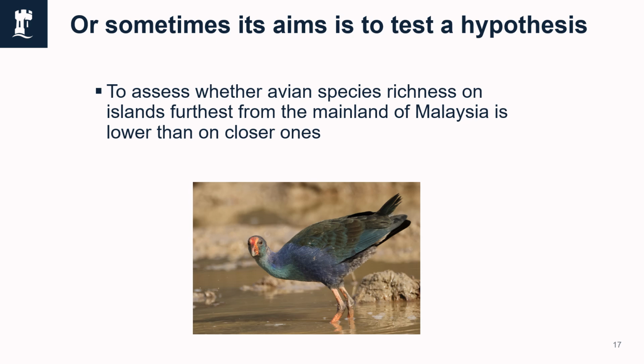So this is testing one of the specific hypotheses that comes out from island biogeographic theory. So this is an example of where a hypothesis, rather than being nested down within individual objectives, is right up and is the overall aim of the research itself.